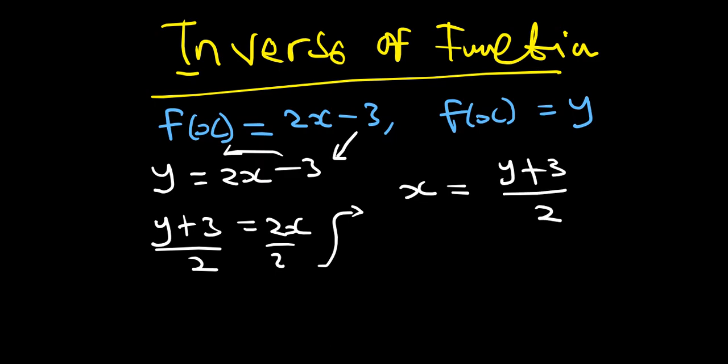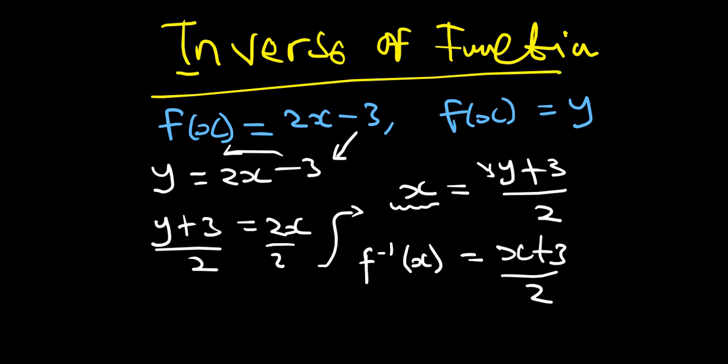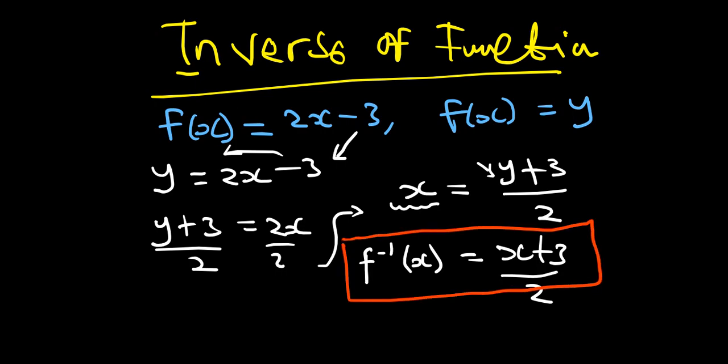Once you make x the subject of the formula, you can bring back the function notation. So x becomes f to the power minus 1 of x, is equal to, and this y changes to x. So you write x plus 3 divided by 2. This function, which I'm putting in red here, is the inverse of this function.